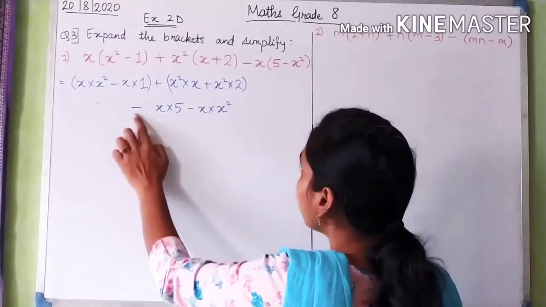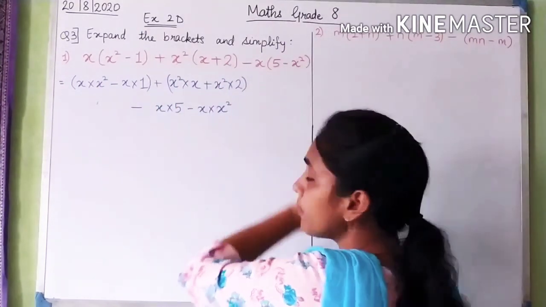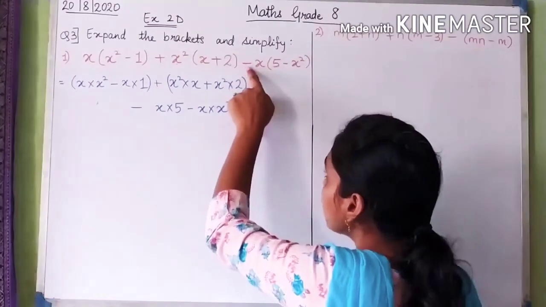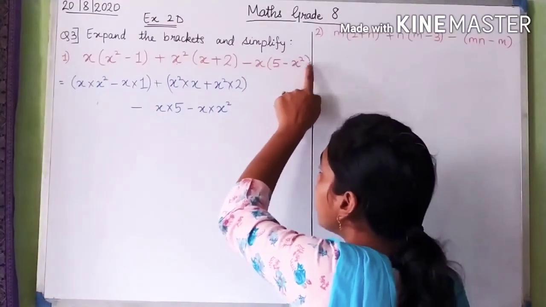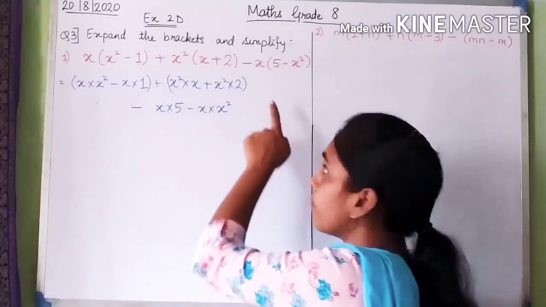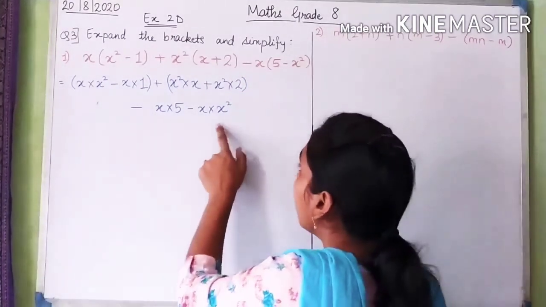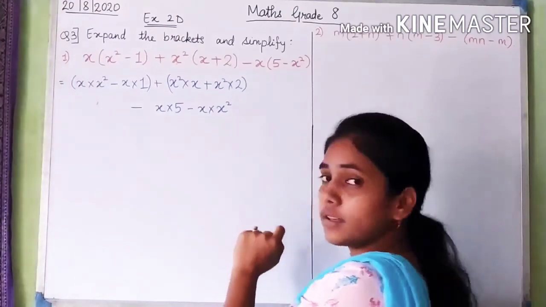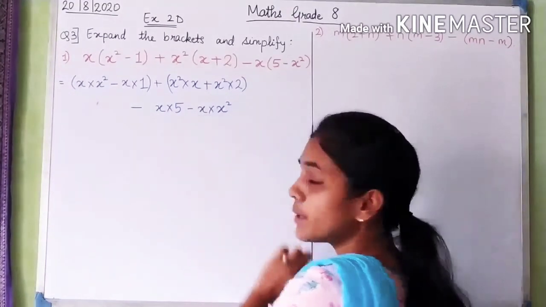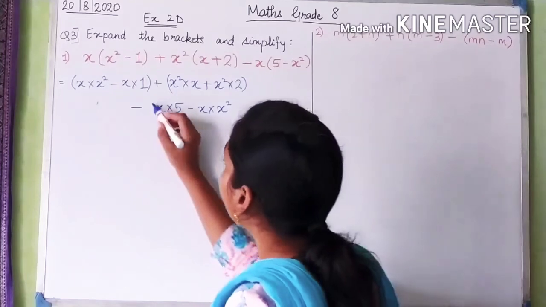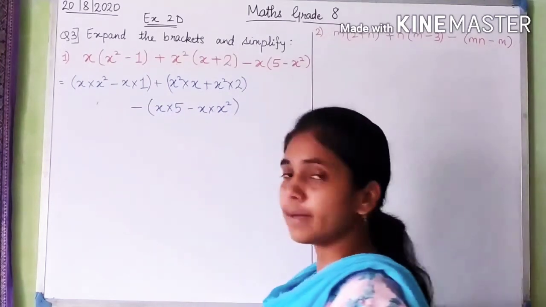This term will have a minus sign, but when you multiply this minus sign inside, this term will become positive because minus and minus become positive. That is why before solving you put a bracket there.